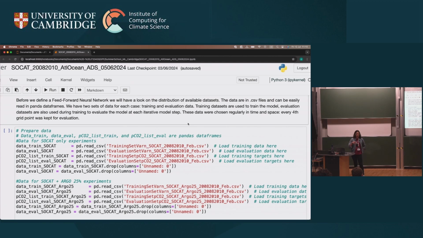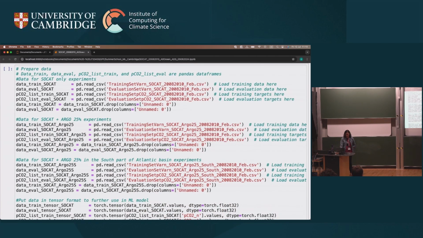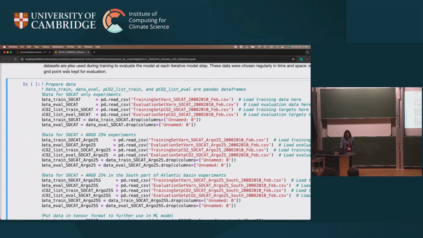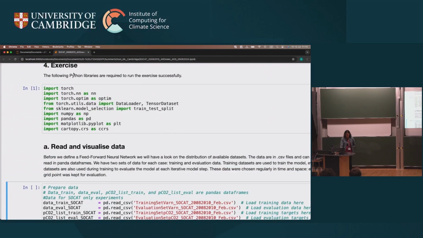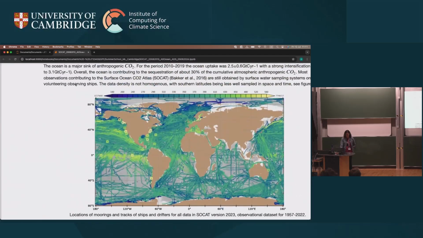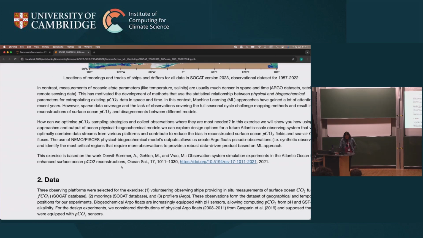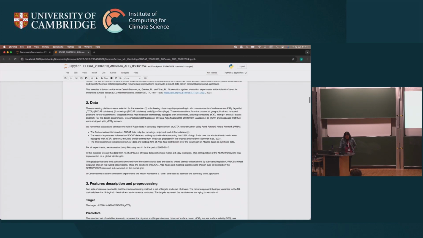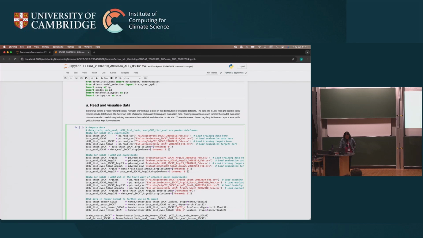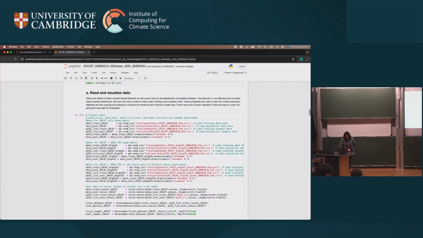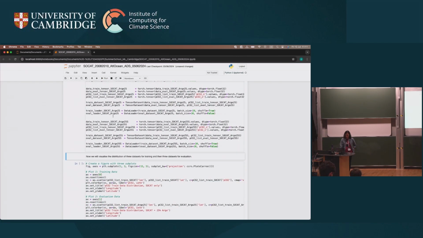It means that in every step, the model will check with the evaluation data and correct its weights. If you try to download it now, it will work. It's quite quick, all good.